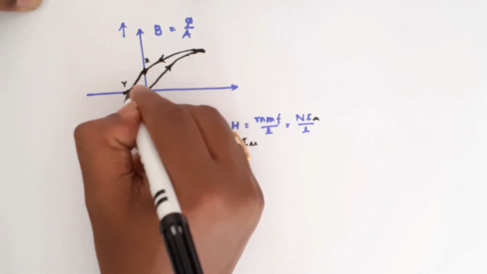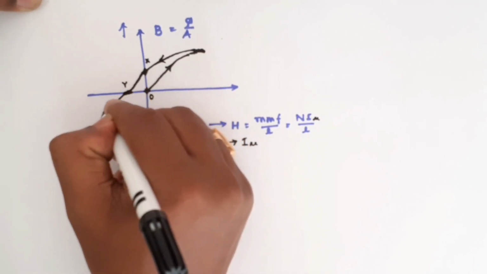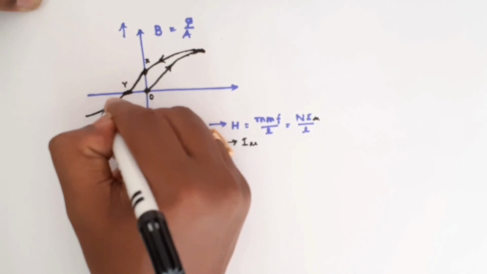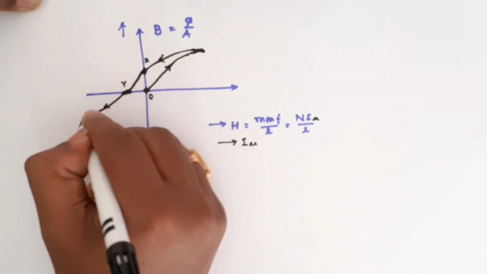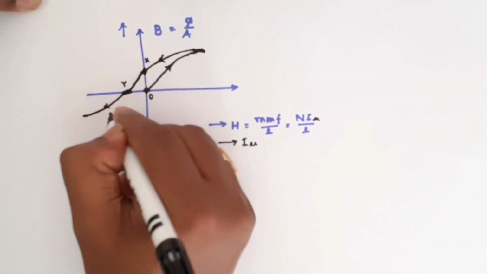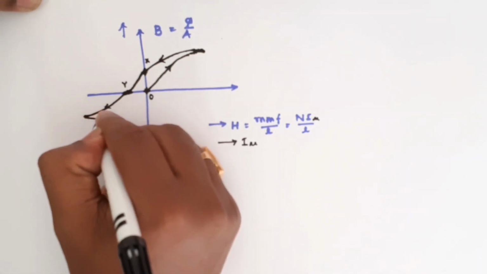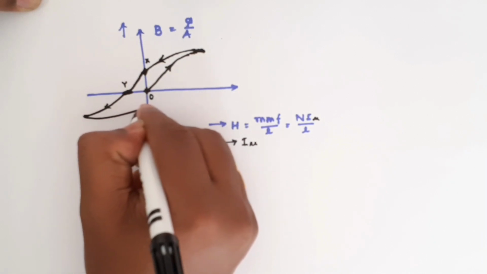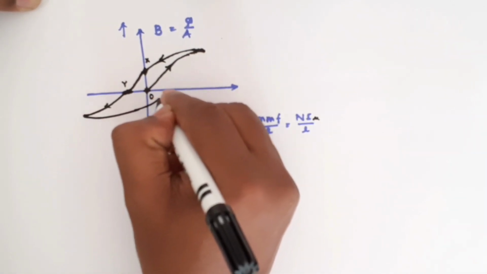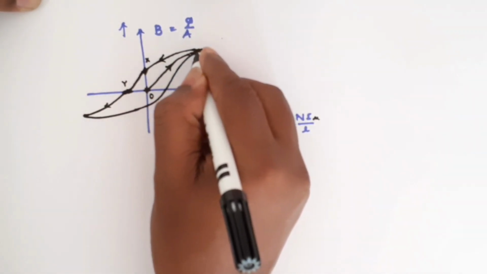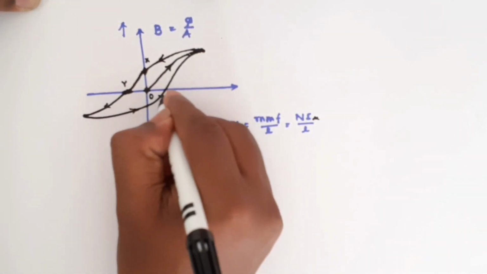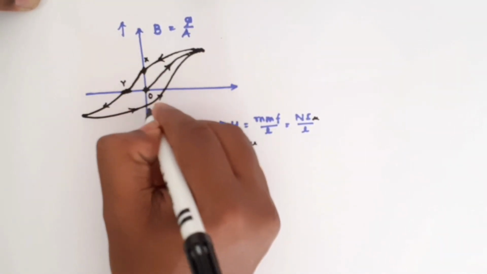Again if I decrease the current in the negative direction further, then flux will increase in the negative direction in this way. Again the magnetic material becomes saturated here. Now again if I increase the current, the flux is also increasing, and it will go like this, XYZ.